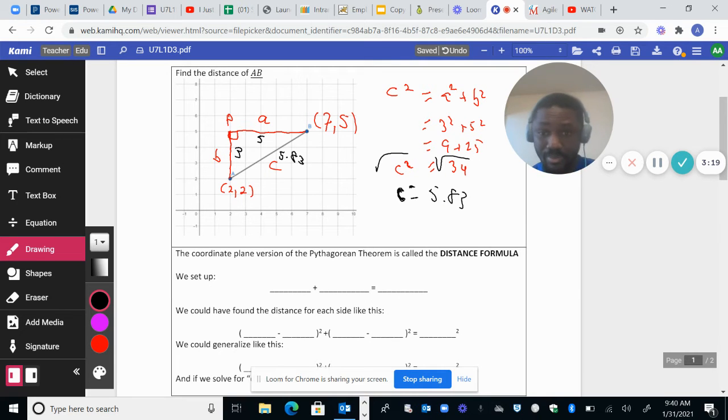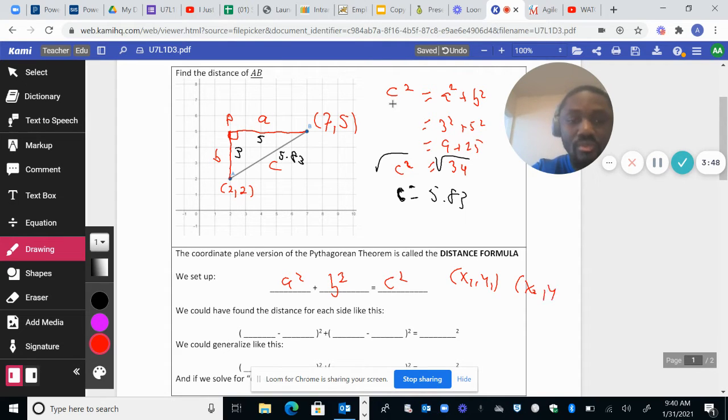The coordinate plane version of the Pythagorean theorem is called the distance formula. So the distance formula, this is how it goes. We set up A squared plus B squared equals C squared. And on the distance formula pattern, we need x1, y1, and the other point is x2, y2.